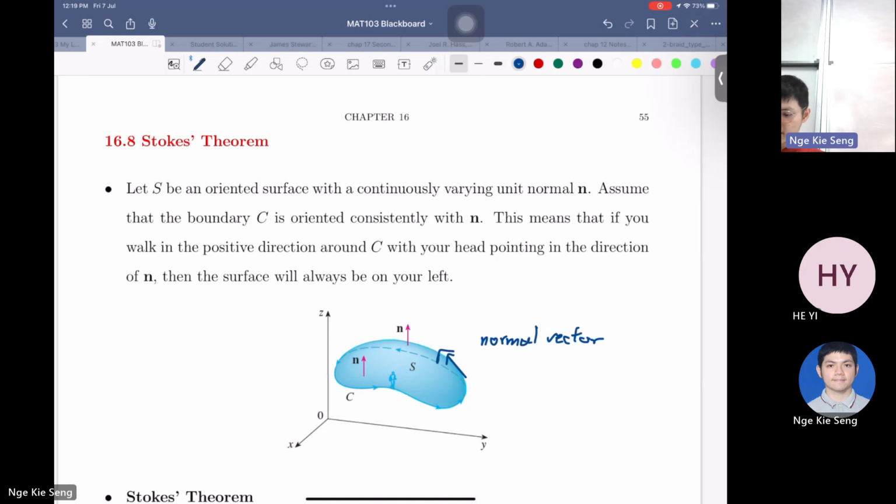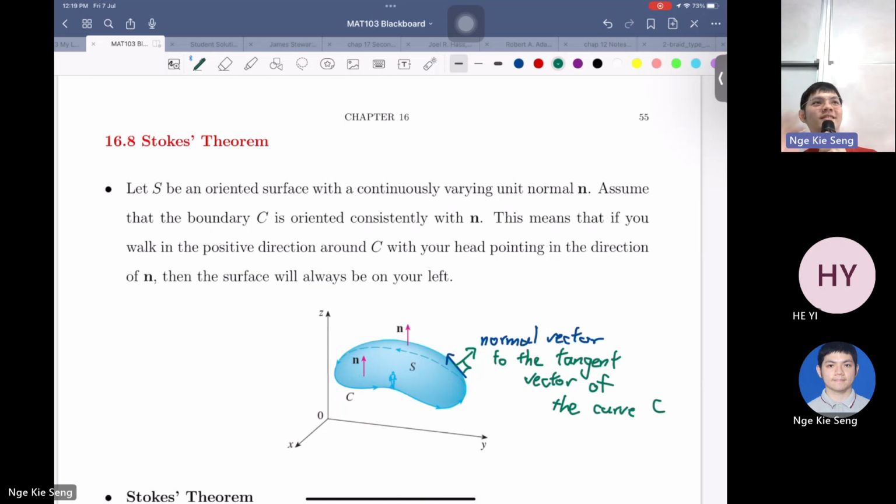Maybe I use a different color. So this is the normal vector to the tangent vector of the curve C. Using these two, you can use the right-hand rule to build your orientation.